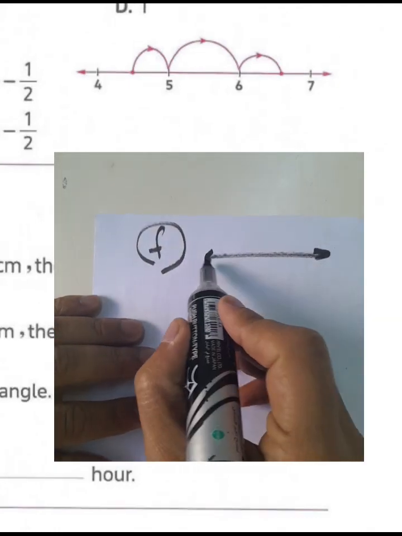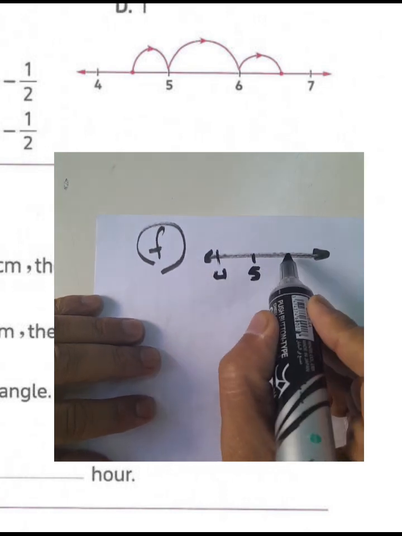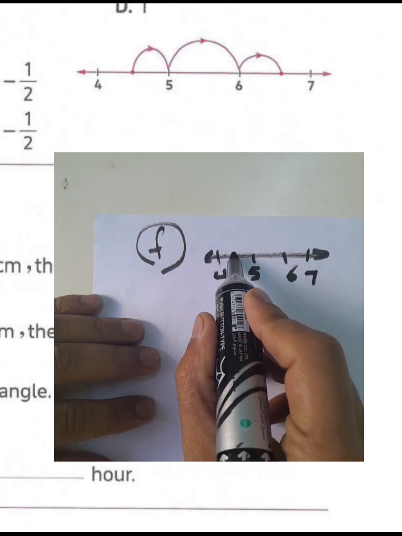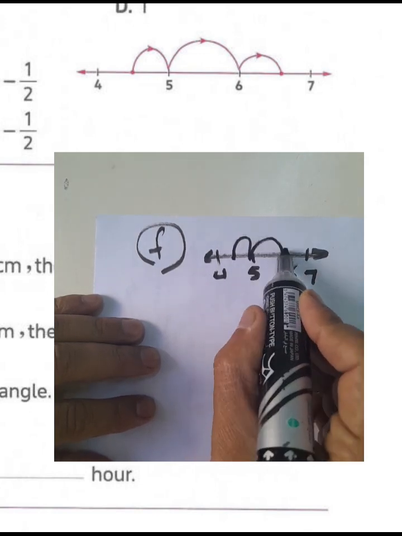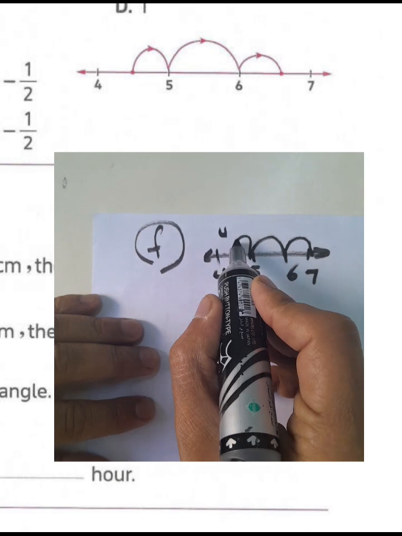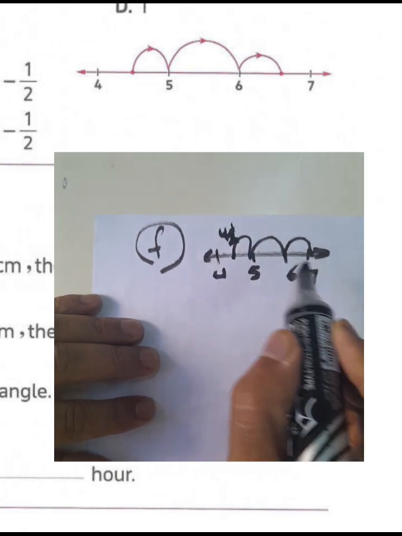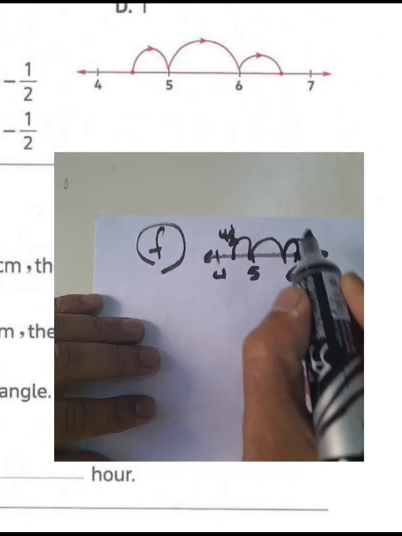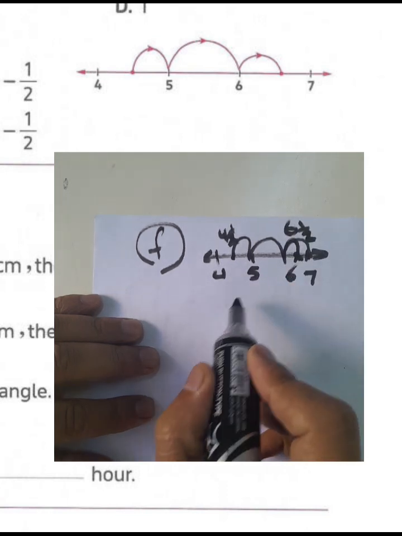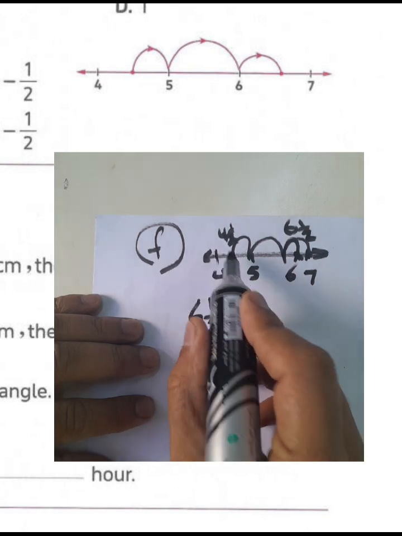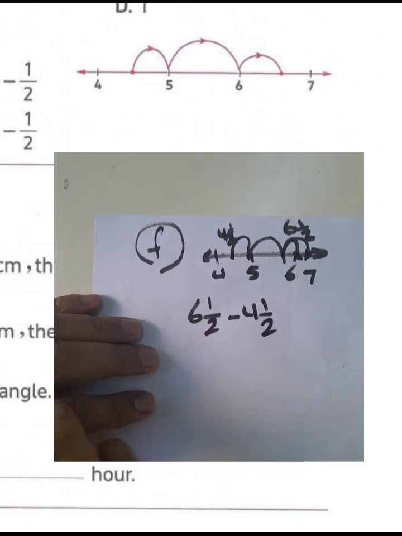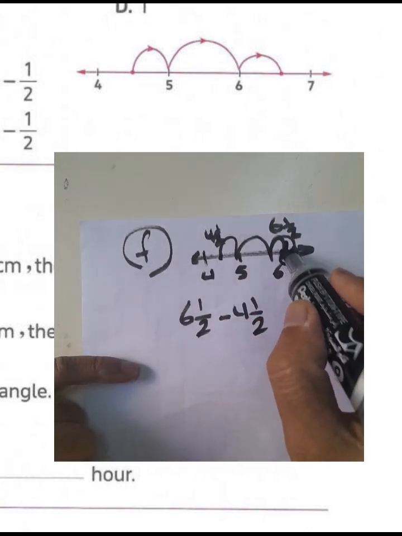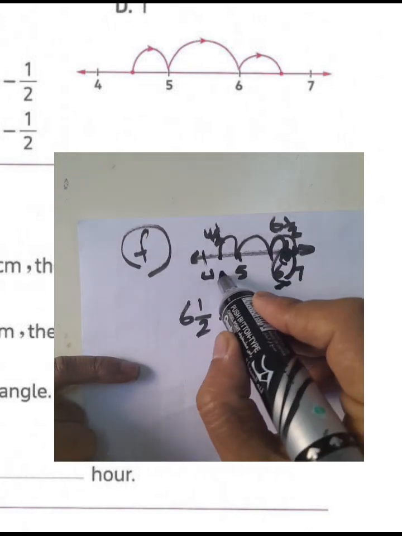We have here 4, 5, 6, and 7, beginning from 4.5, going to 5, going to 6, going to 7. It refers to 4.5, and coming between 6 and 7 it will be 6.5. Then the operation will be 6.5 subtract 4.5. Understood? We have here 6.5 as the end and the beginning from 4.5.